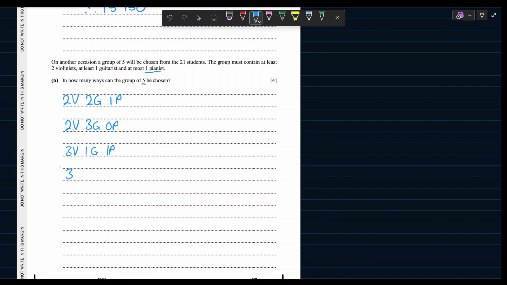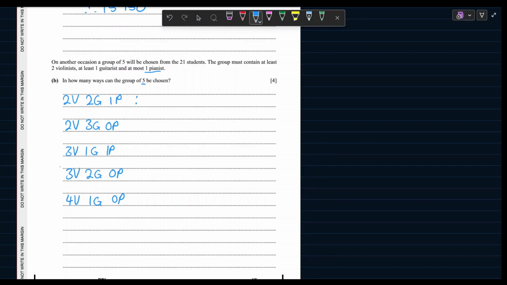And we could also have 3 violinists, 2 guitarists, and 0 pianists. Okay, and then finally we can have 4 violinists, 1 guitarist, and 0 pianists. These are all the possible scenarios that satisfy the conditions they have given us.